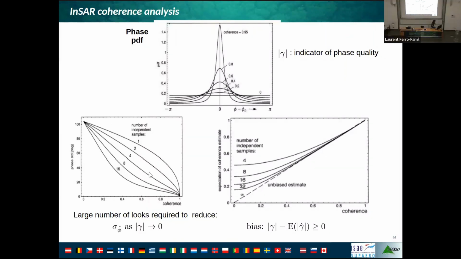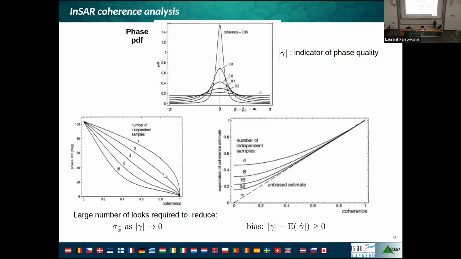What we can see on this graph is this: when we have a coherence equal to, let's say, 0.6 or 0.8, can we do something to improve the estimation of the phase? Yes, you can do something. You can average. If you take a lot of samples when you compute the covariance matrix estimate, the standard deviation of the phase decreases.